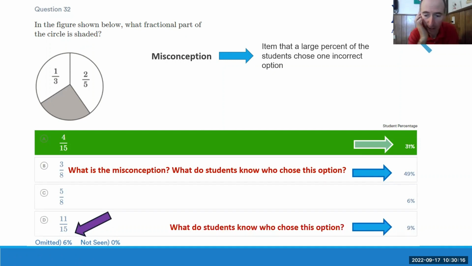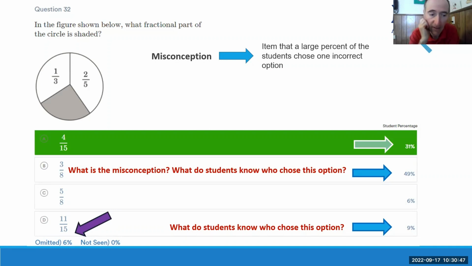Then the students who did this, they also knew that they had to add the fractions, and they also knew how to add the fractions correctly, right? So that's the correct sum of the 2 fractions, 1/3 and 2/5. If you found, like Amy said, common denominators, you go to 15s, and then you get 5 plus 6, 15s.